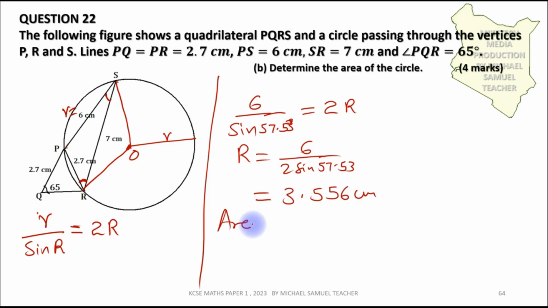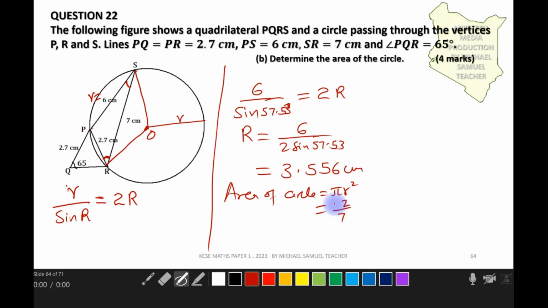Therefore, to get the area of the circle, which is pi r squared, we shall get 22 over 7 times the radius 3.556 squared. So we end up getting 39.74 centimeters squared. So that is the area of the circle.